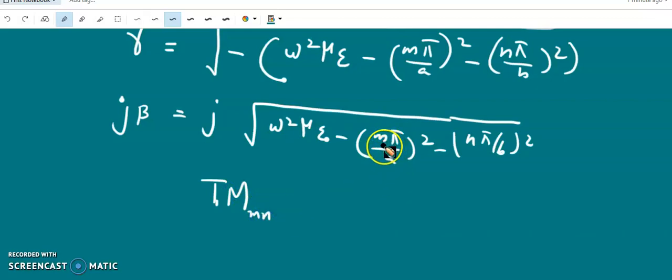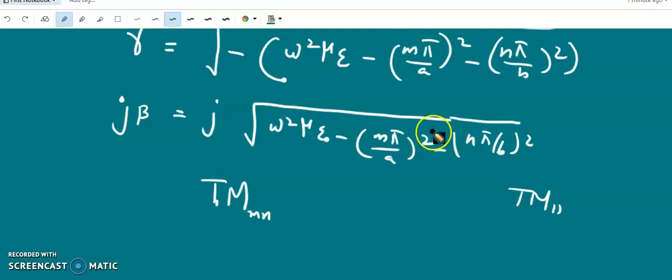So when m is equal to 1 and n equal to 1, this represents a TM11 mode. Okay, so therefore there are infinite number of TM modes. Since there are infinite values for m and n, there are double infinite number of TM modes, because m can have infinite number and n can have infinite number. So there are different combinations for m and n.